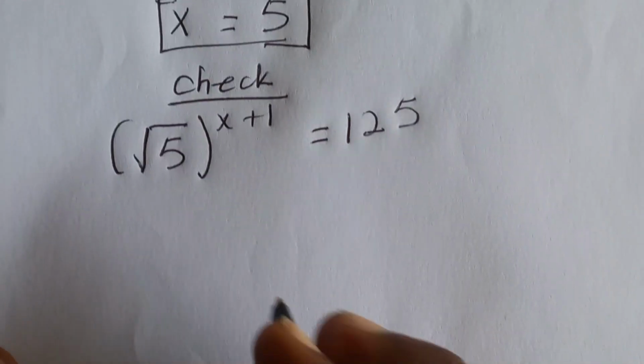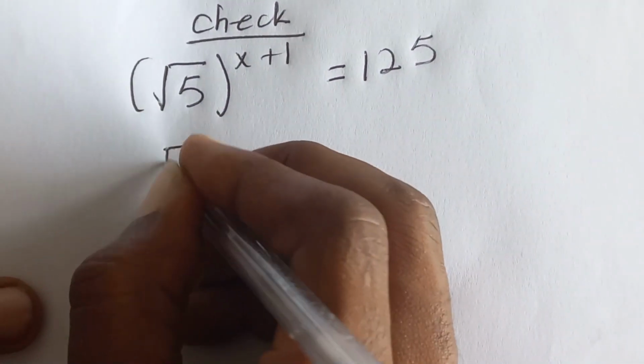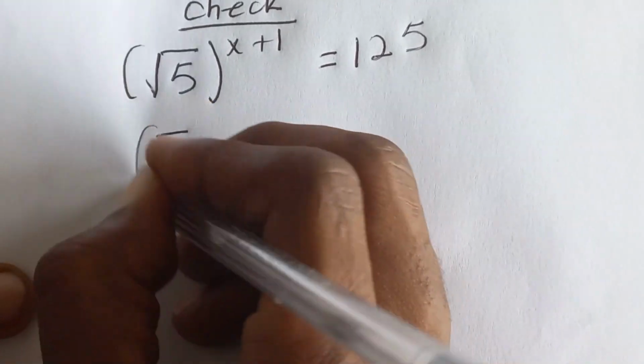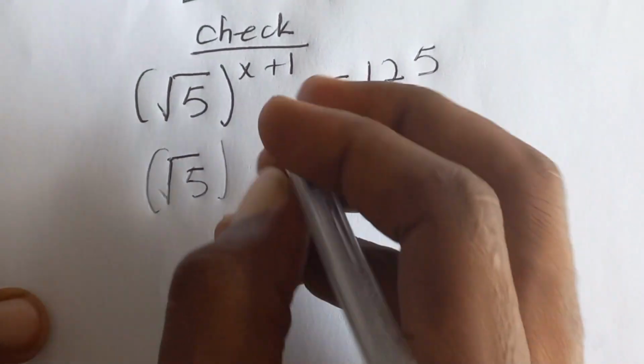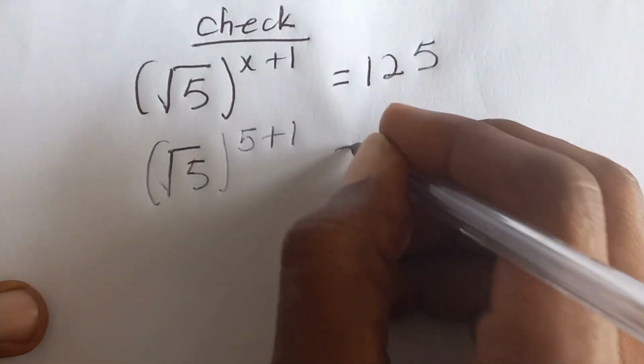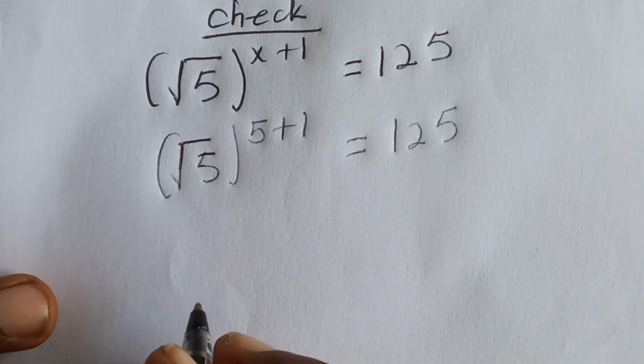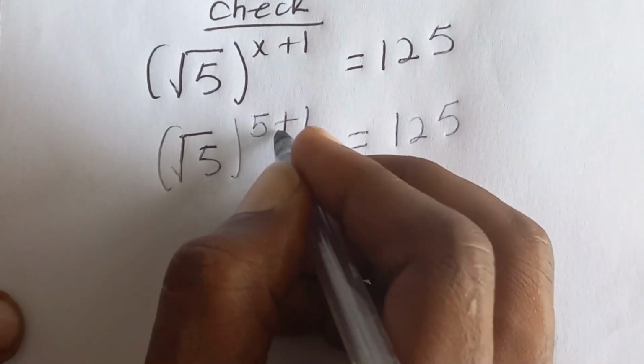So in this case, our x is 5. So we have root 5 into bracket 5 plus 1, which is equal to 125. So 5 plus 1 is 6.